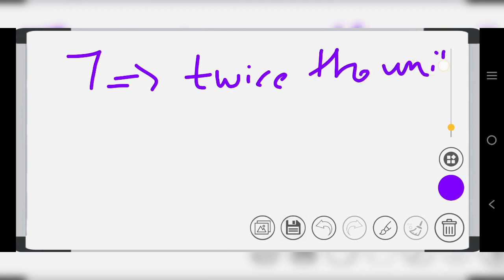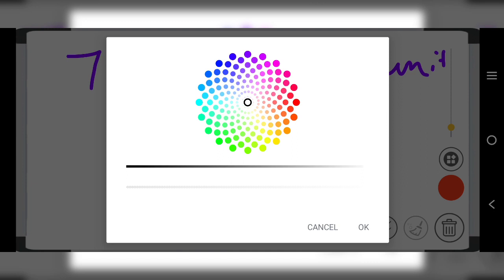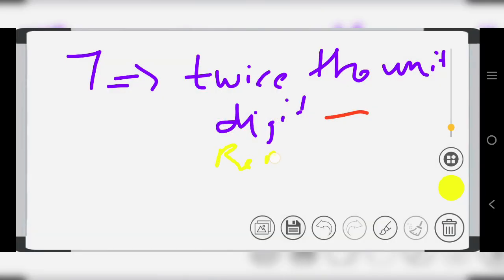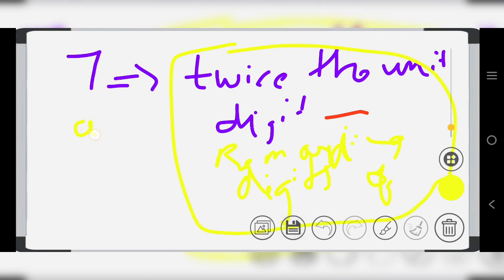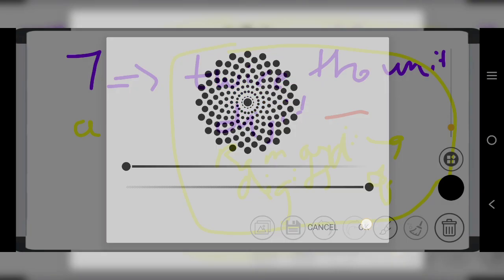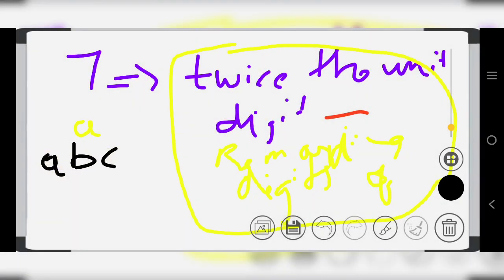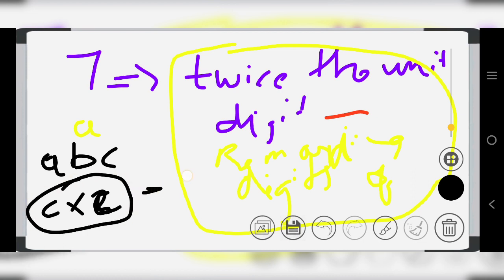Twice the unit digit of a number minus the remaining part of a given number, the remaining digits of the number. So if a number is ABC, we have to multiply C by 2, that is 2 times C, and we have to subtract this product from AB. So this is the divisibility rule of 7.